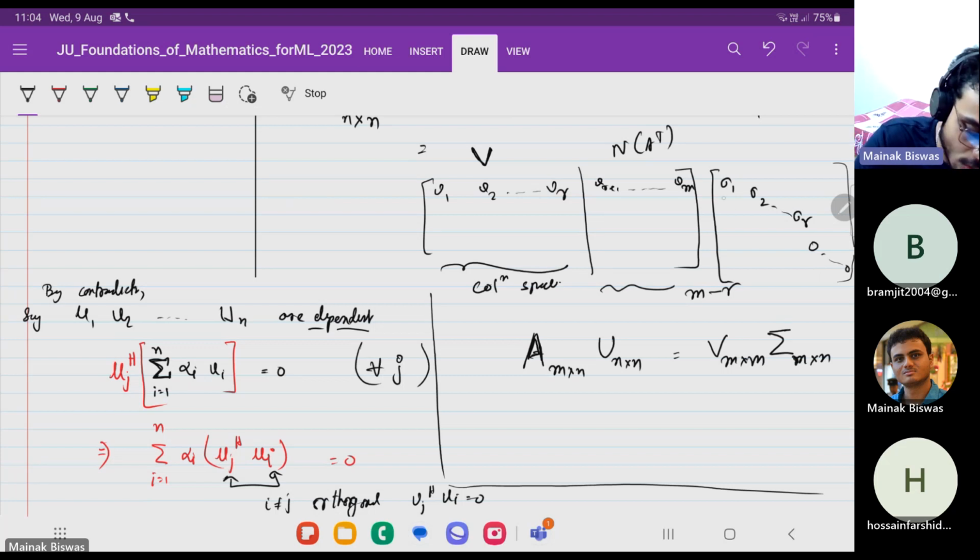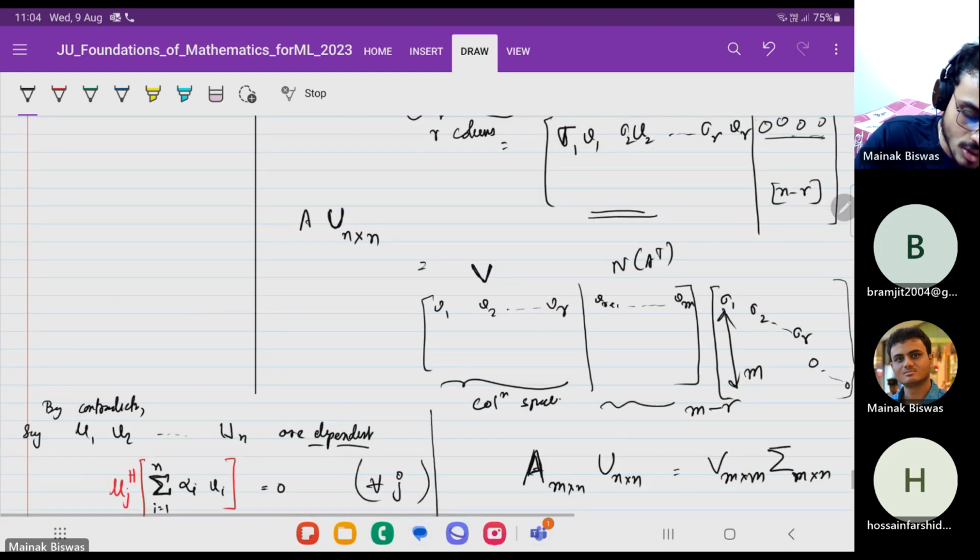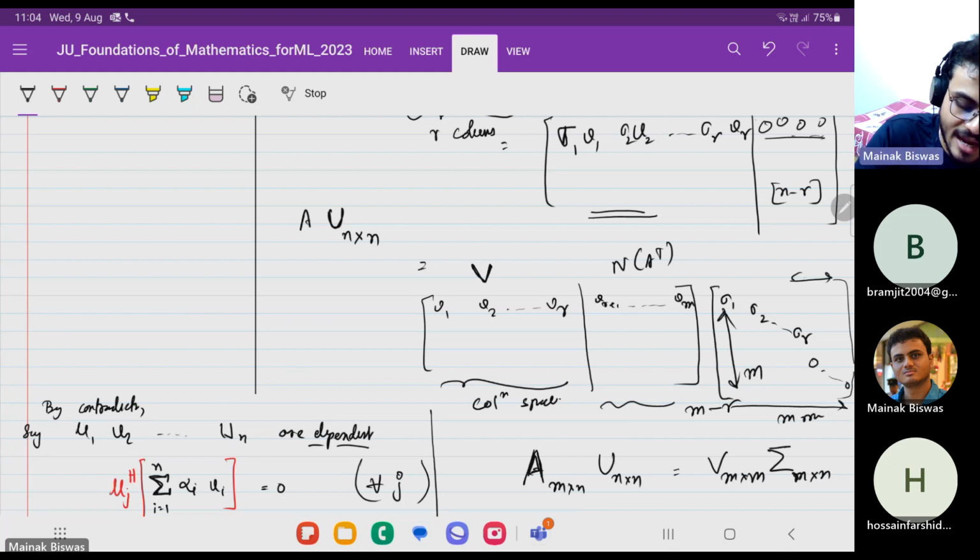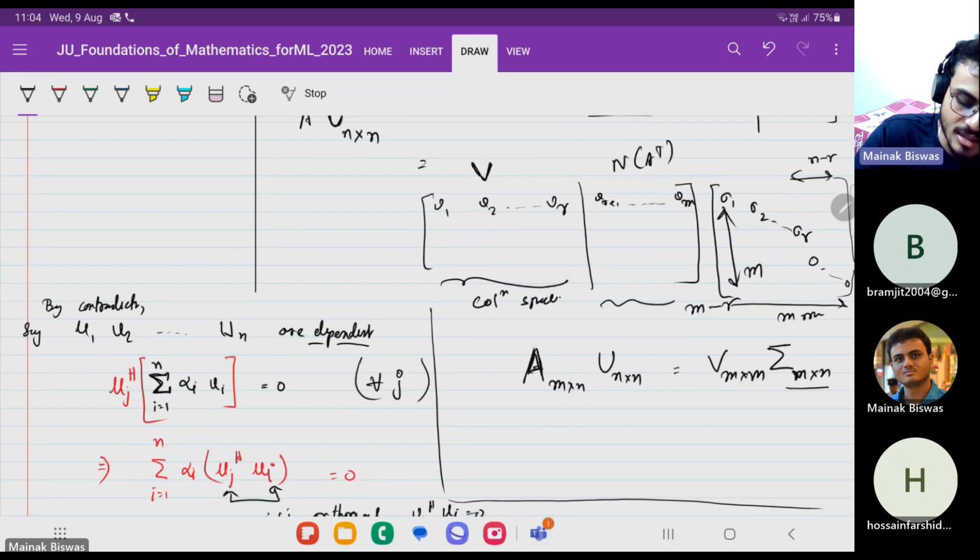How many columns do you have? You have M columns, right? And you have M rows. So the number of rows you can add is N minus R. So this is your N cross N dimensional covariance matrix, and you can convert this into V sigma U Hermitian. This is what I was telling.